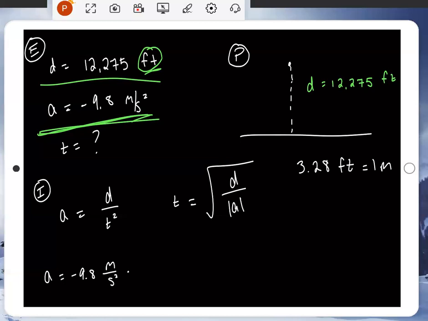Well, I have to do our normal thing, right? So 3.28 feet per 1 meter. I don't think this is exactly how you did it, but hopefully it's clear. I think you did it all in one go, where you said t is equal to the square root of 12,275, and then you did it in the equation.